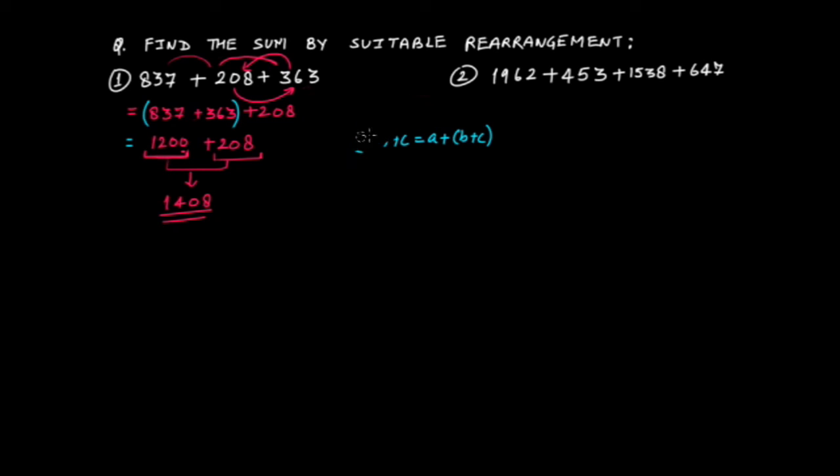The second question says it's 1962, added to 453, and then added to 1538, and then by 647. Now similarly apply the same trick or method here. You could see that if I add 2 and 8, then 8 plus 2 is 10.